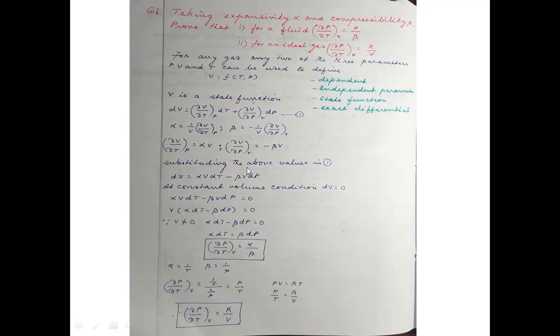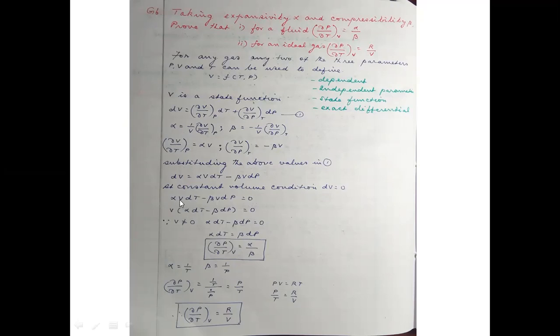So substituting these values in equation number one, we can write dV is equal to alpha V dT minus beta V dP. At a constant volume condition, dV is equal to 0. Therefore, I can write alpha V dT minus beta V dP is equal to 0.